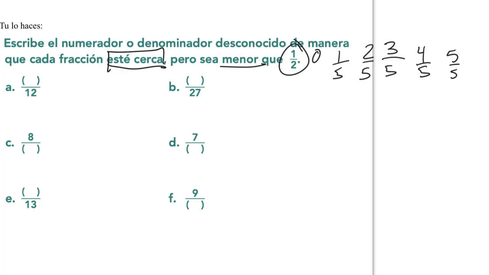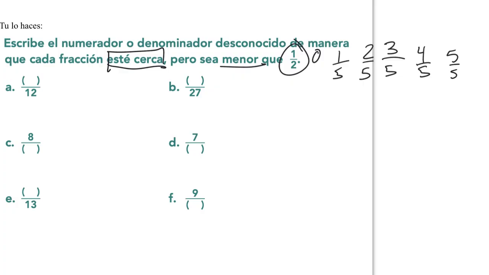And 0 over here. So our halfway point had to be somewhere here. This is our half, like right here somewhere. But it has to be less. So that means that all these other numbers I'm not going to use. I need to look at all the numbers that are over here on this side. Okay? And let me go ahead and see if I can explain that a little bit better.